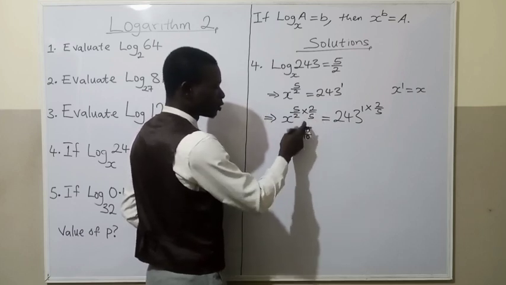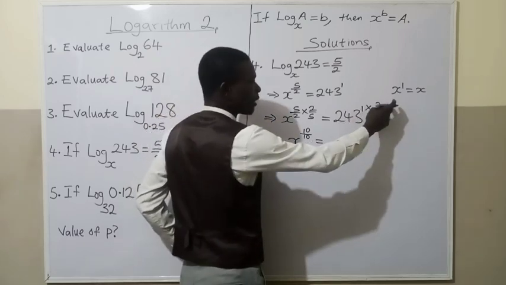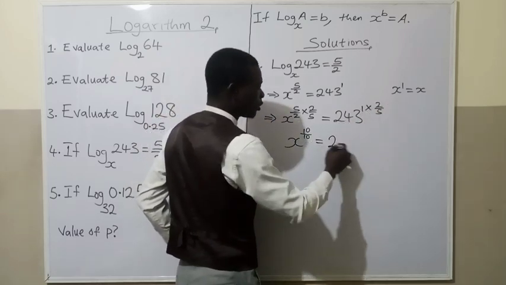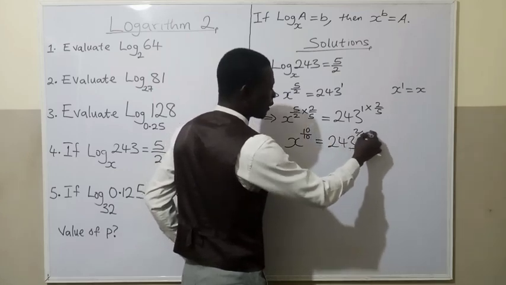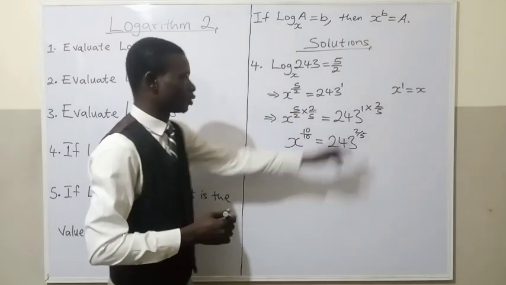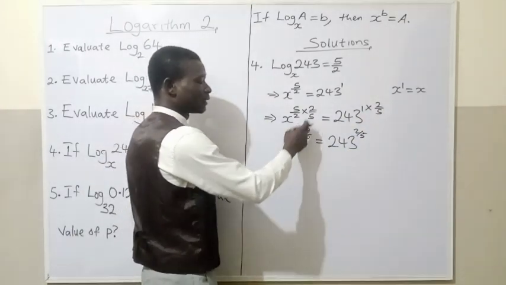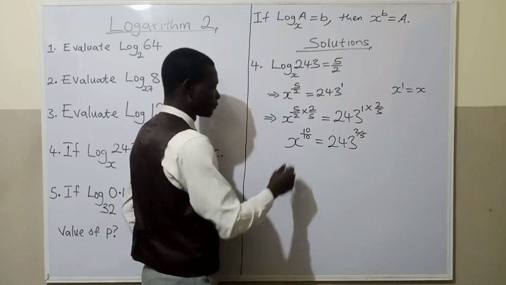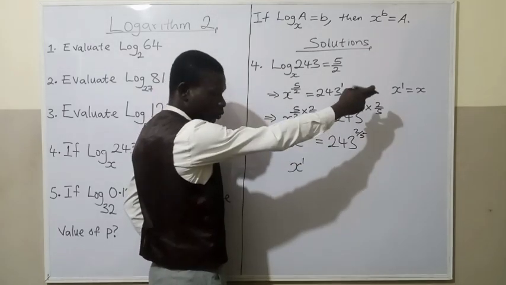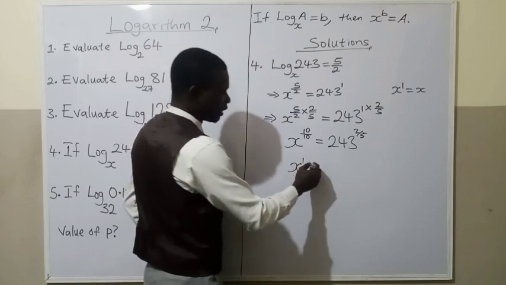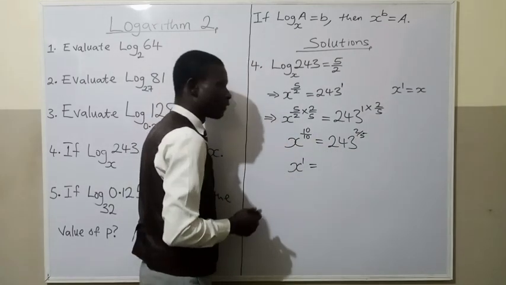So you can see what we are coming up to. So this becomes 1 multiplied by 2 over 5. That's 243 raised to power 2 over 5. Because 1 times 2 over 5 is 2 over 5. And of course here, 10 divided by 10 is 1. So we will be left with x raised to power 1, which is what we are setting out to achieve. And that becomes 243 raised to power 2 over 5.